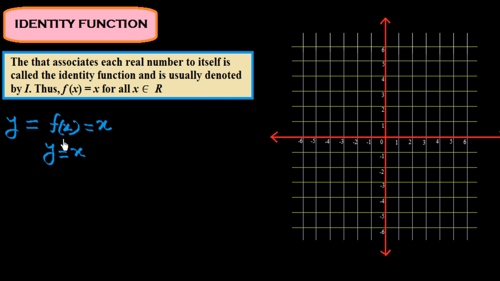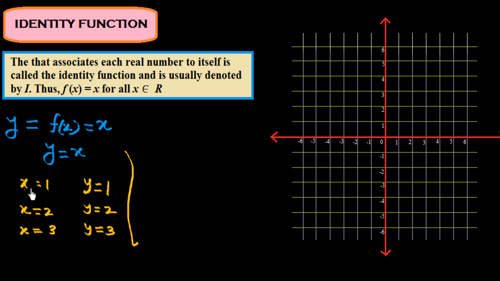If we take x is equal to 1, y is also 1. If we take x is equal to 2, y is also 2. If we take x is equal to 3, y is also 3. Similarly, if we take x is equal to 0, y is also 0.